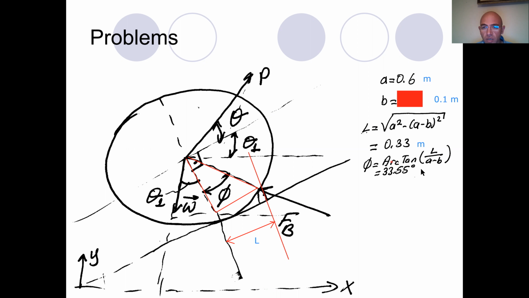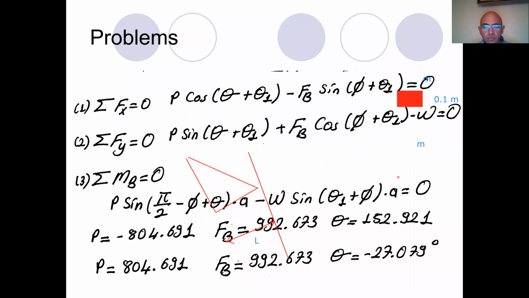So I can calculate the arctangent of it, and I will find 33.55 degrees. Now I know the phi, and certainly I can put it into these equations. Now I have three equations, as you see. So 1, 2, and 3, and I have three unknowns. I have P, theta, and FB as unknown.